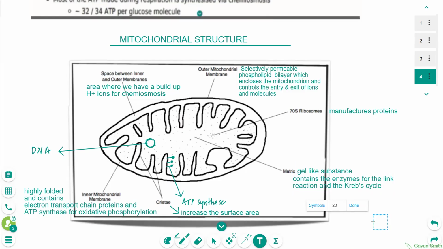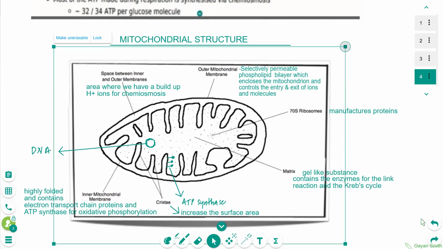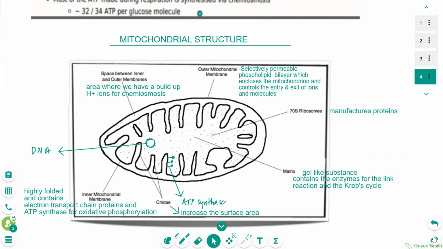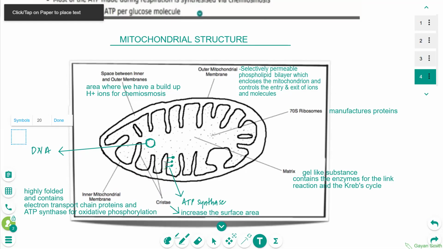The matrix has a gel-like substance, and it basically has the enzymes that are required for the link reaction and the Krebs cycle, which you will learn about. And the mitochondrial DNA codes for mitochondrial proteins.